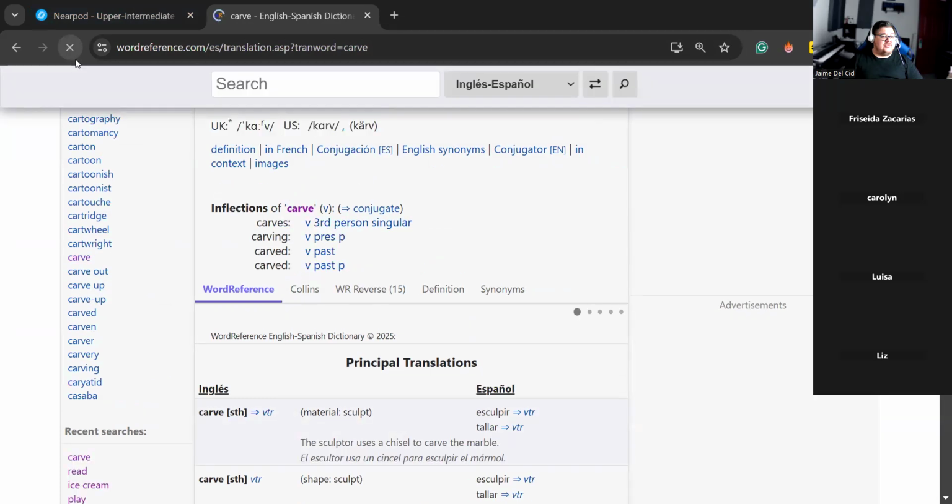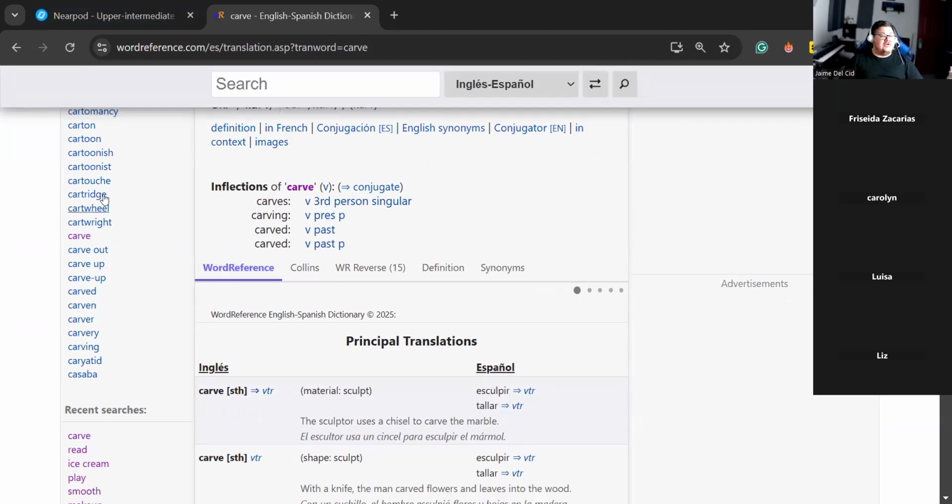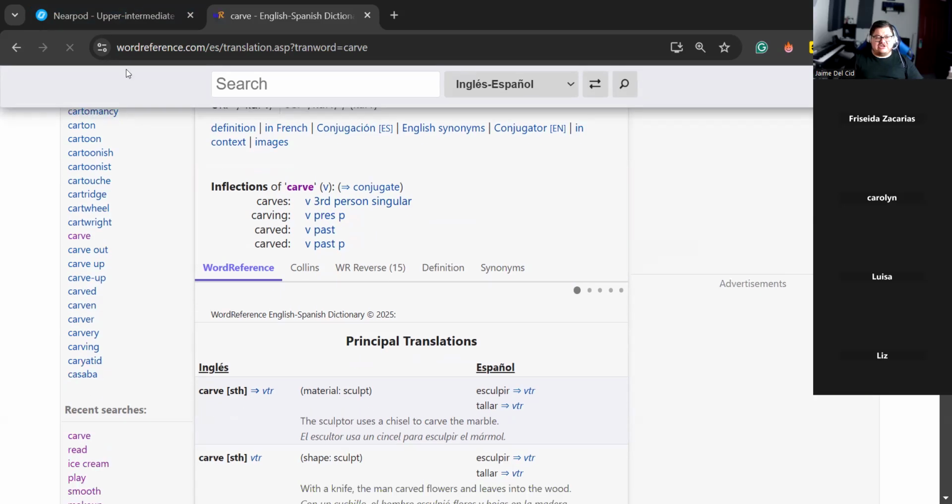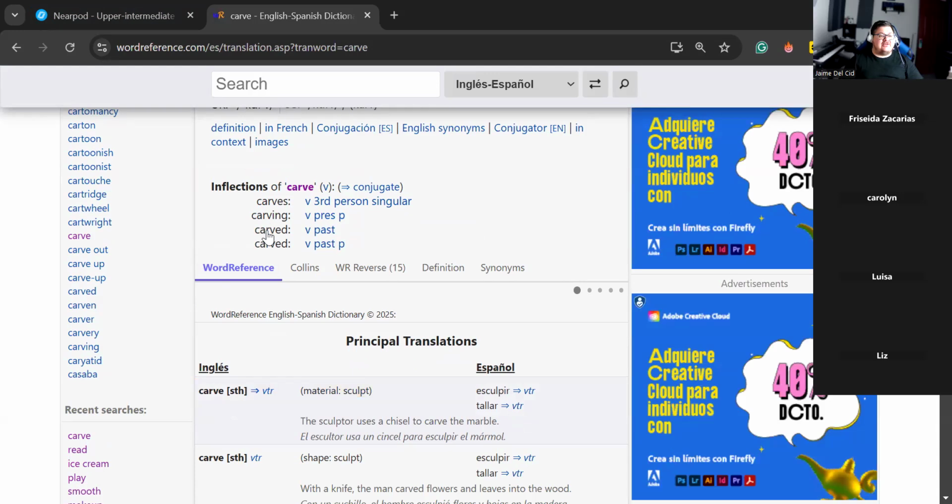Let me refresh. Something happened with it. Okay. Here we have third person singular, carves. Present participle. Remember that the present participle is the ing, okay? The simple past, carved. Past participle, carved. So this dictionary tells you the different conjugations of the verb.